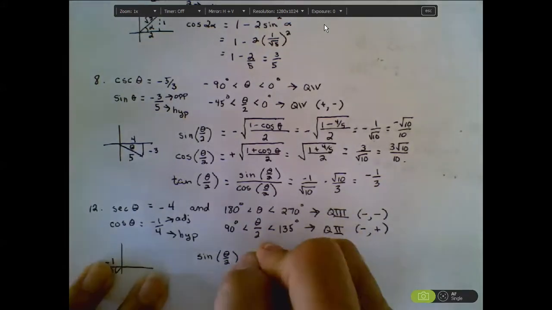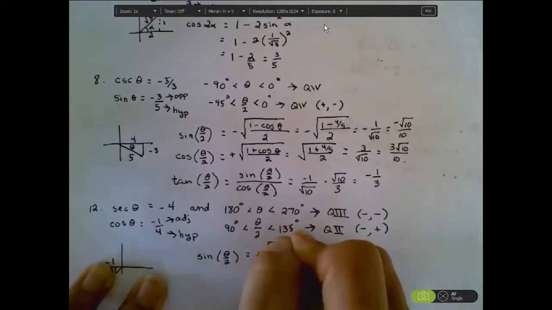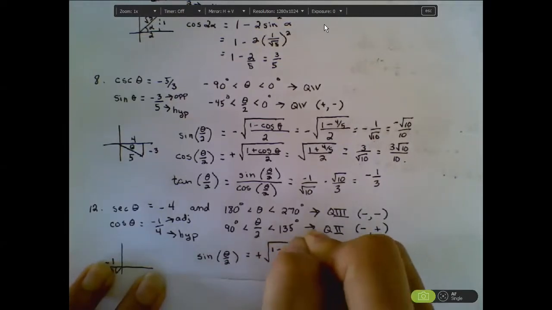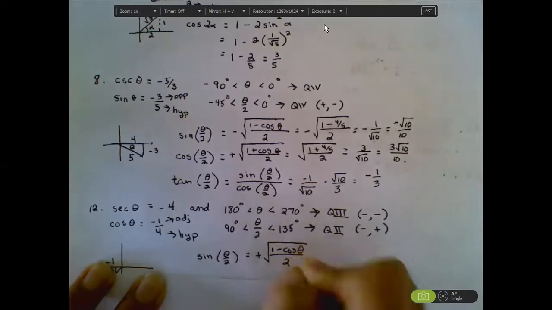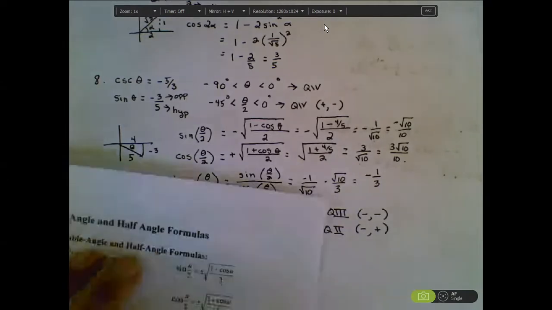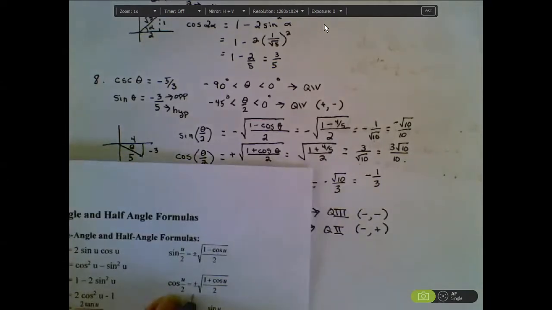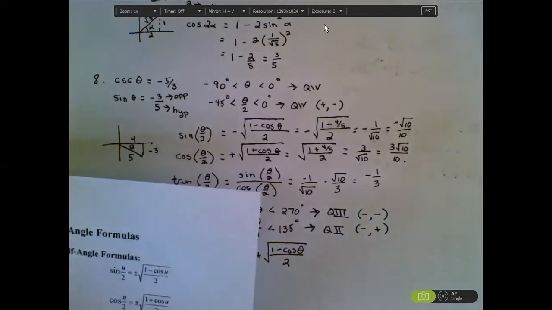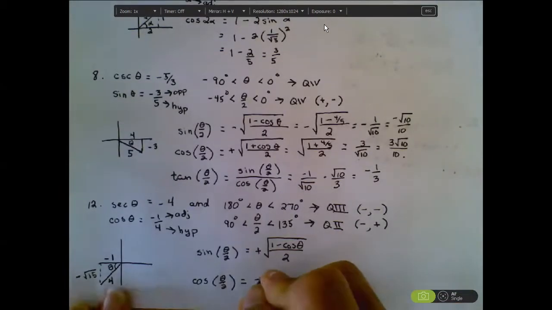So we're going to use the positive square root of 1 minus cosine theta all over 2. And then for cosine, theta over 2 is in the second quadrant, and in the second quadrant, our x's are negative. So for cosine theta over 2, we would use the negative square root.